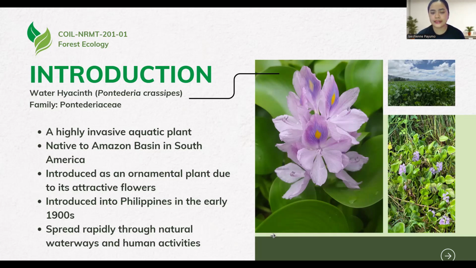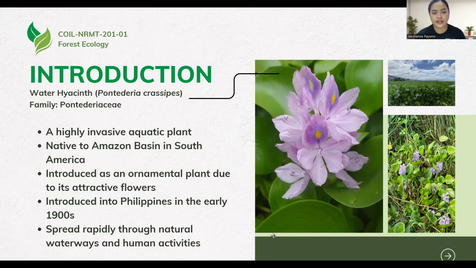Historical accounts indicate that water hyacinth was introduced into the Philippines in the early 1900s, likely through the ornamental plant trade or accidental transport. Today, it is particularly abundant in the provinces of Laguna, Batangas, and Quezon, where freshwater ecosystems such as Laguna de Bay and its connecting rivers provide ideal conditions for its proliferation.